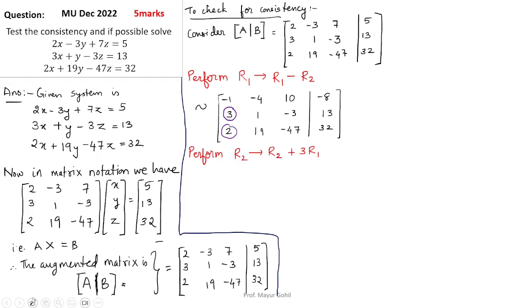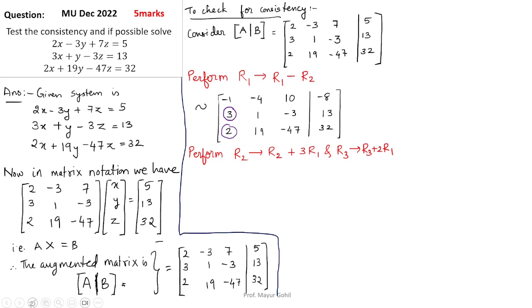So with the help of the A11 entry, I will be making these two elements 0. Now in this process, whatever comes in between, I won't be bothered, but I will be just focusing on making them 0. So here I will be making R3 changing to R3 plus 2 R1. Okay, so this is what we do.